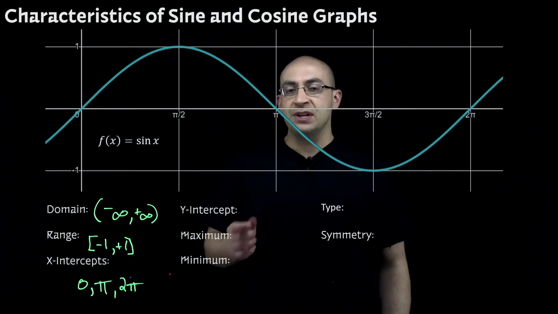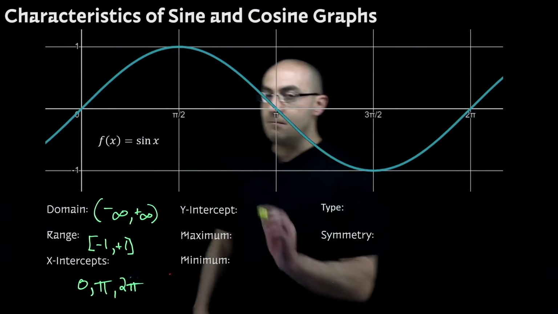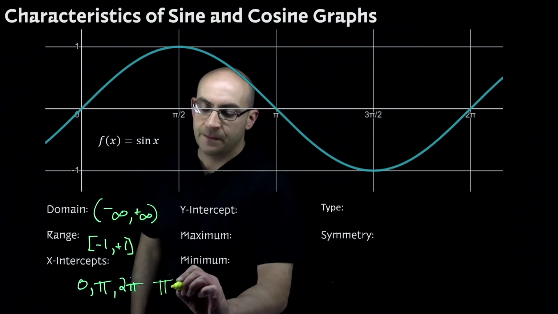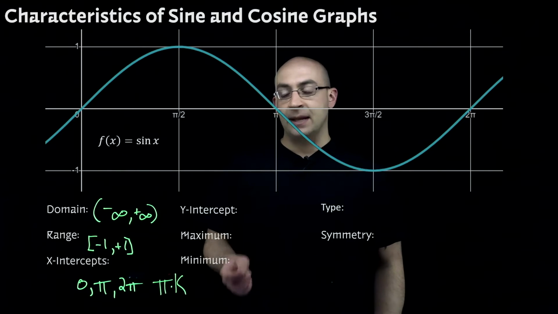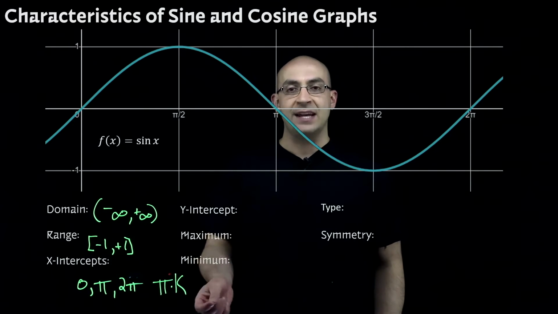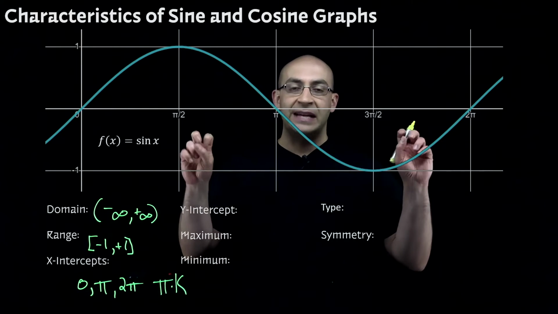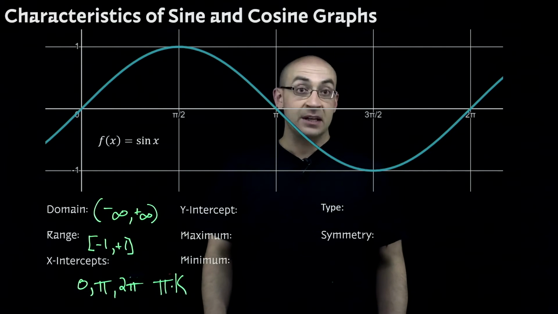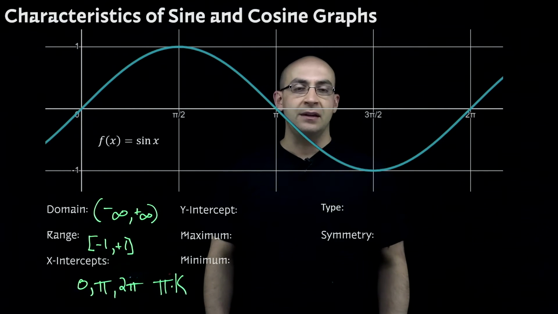Well, if we use the letter k as our variable, we can say that all multiples of pi will be an x-intercept. So we can say that pi times k, or pi k, will be our infinite family of x-intercepts, because they never will end. So pi k is going to be our multiples of x-intercepts.